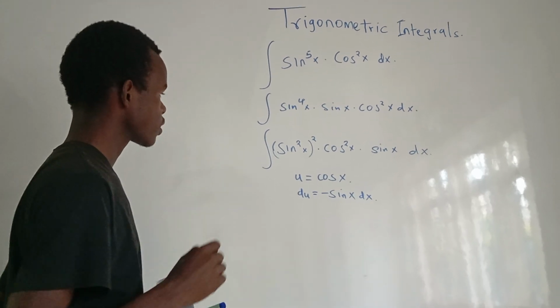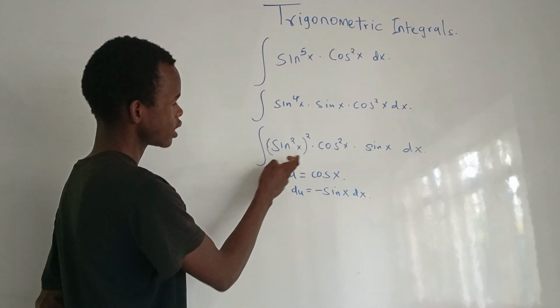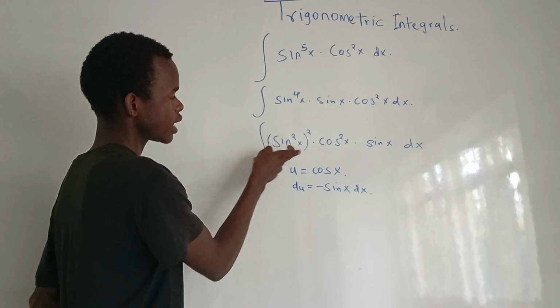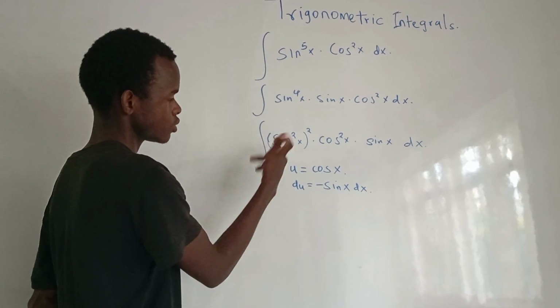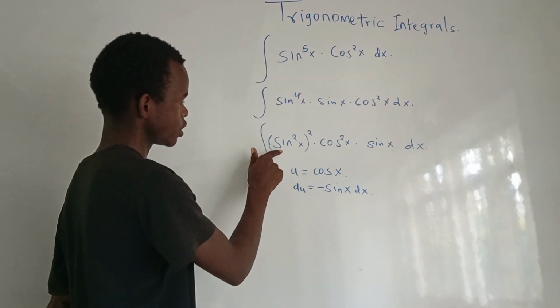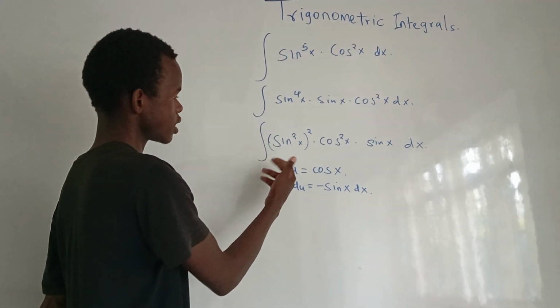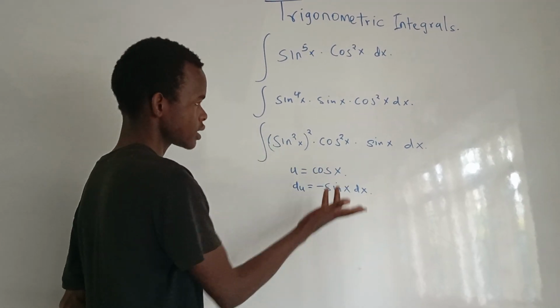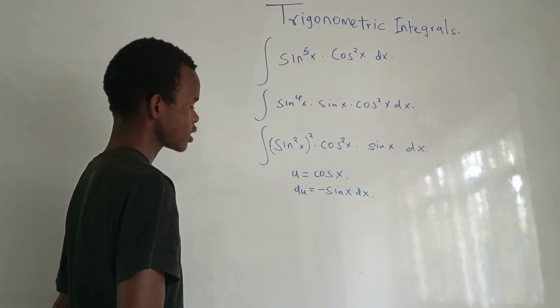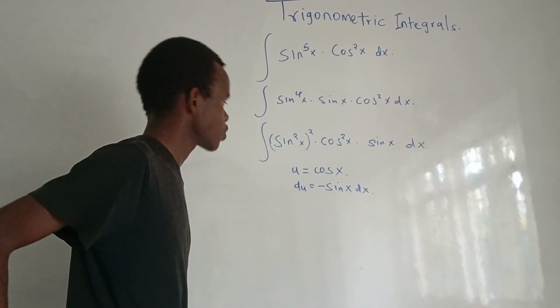Okay? So from here again, the Pythagorean identity. So in my previous video, we had written formulas with the Pythagorean identity. So I'll just replace sine squared of x with 1 minus cos squared of x.